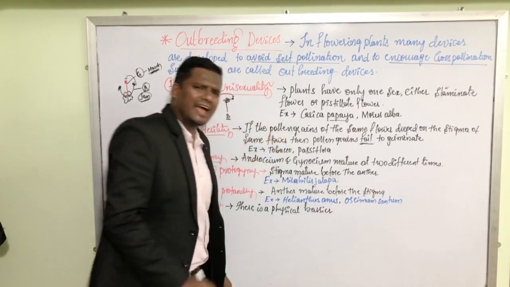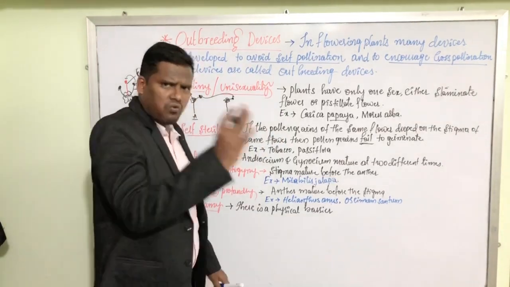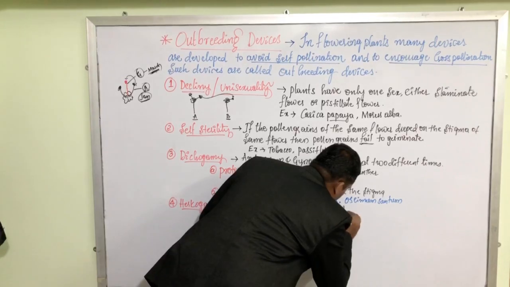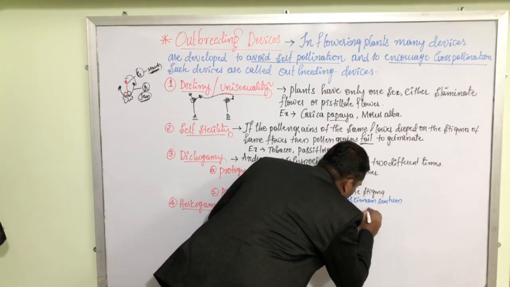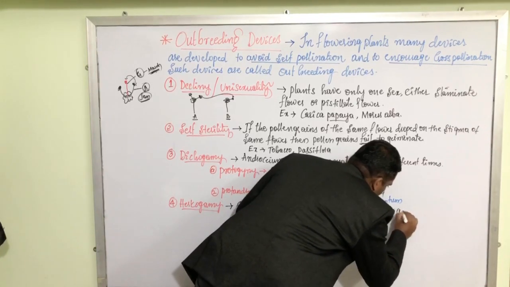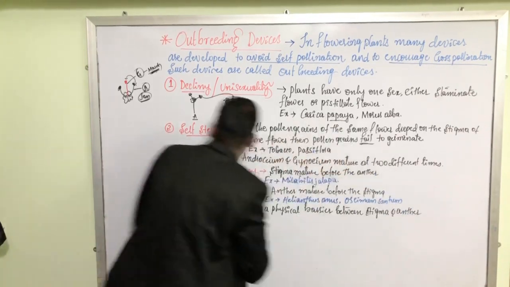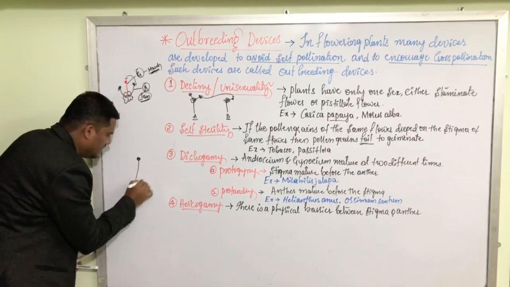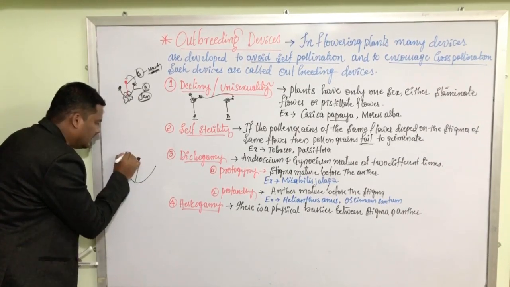Barrier means obstacles, hurdles, walls. There is a physical barrier between stigma and anther. If here we have a stigma, here we have the anther.